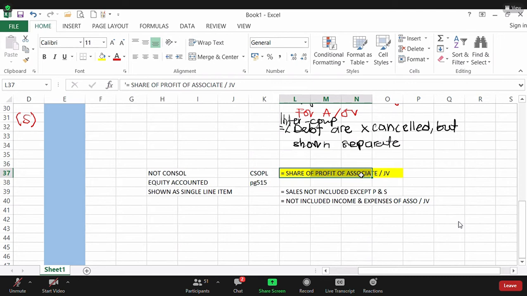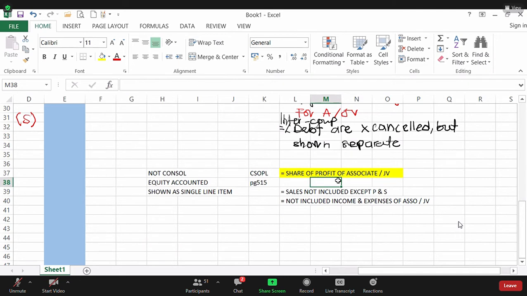So my question to you: if everything about associate and JV was excluded, how would we disclose the associate in our book? So you go further down, do you see this? Share of profit of, there is one item, a single line item. This is what is meant by single line item about associate.